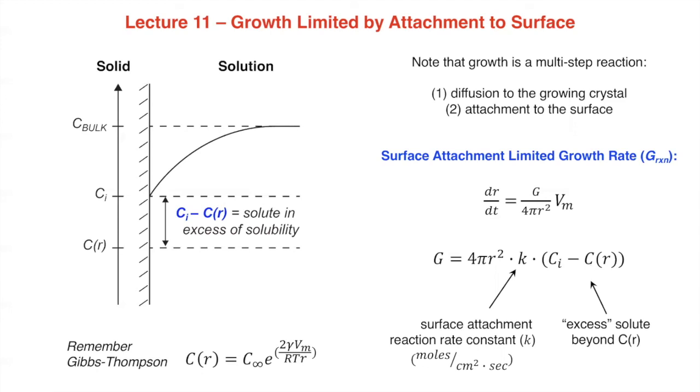Okay, so this is the total amount. You can think about this as the concentration of solutes that is in excess of the solubility times the area times the attachment rate constant. And so this is another limiting case.